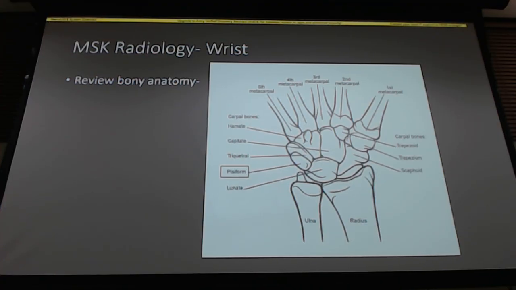And if you're on the radial side and working your way from radial to ulnar, the trapezium precedes the trapezoid, right? Trapezium is most radial and the trapezoid is more ulnar. Would you agree with that? The other bones you just have to remember. Those are the two that confuse people.